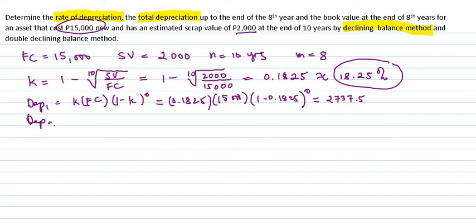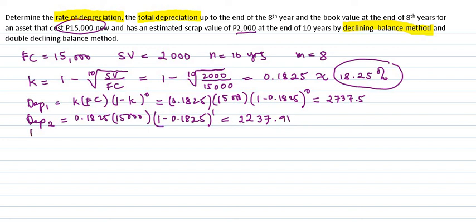This time we will proceed to the second year depreciation. We have 0.1825 times 15,000 multiplied by 1 minus 0.1825 raised to 1, that is equivalent to 2237.91.